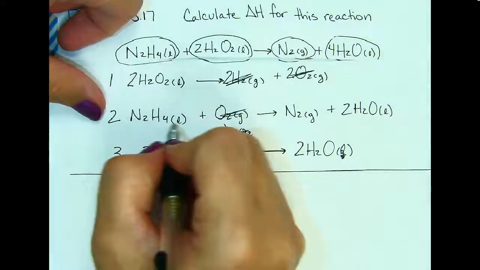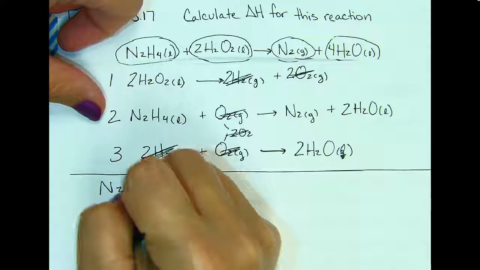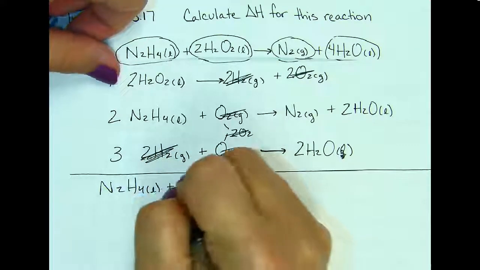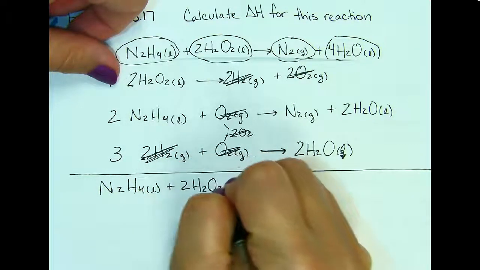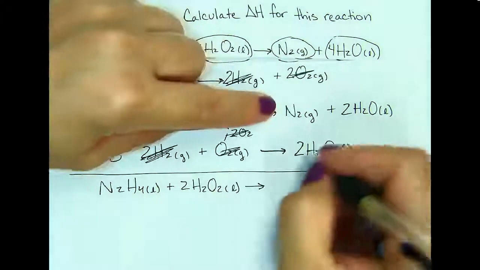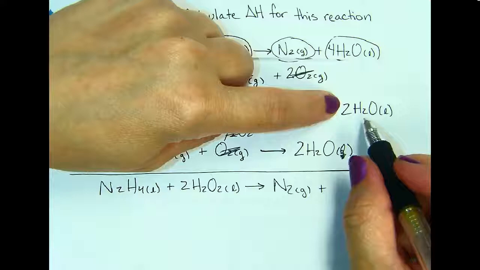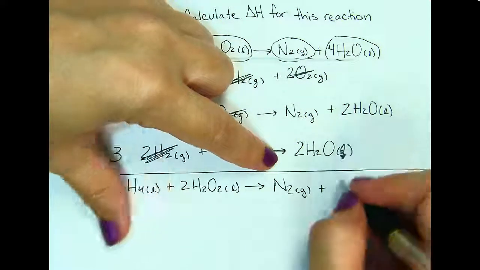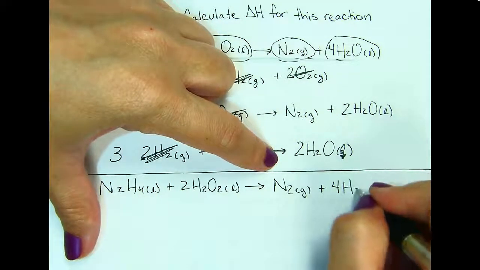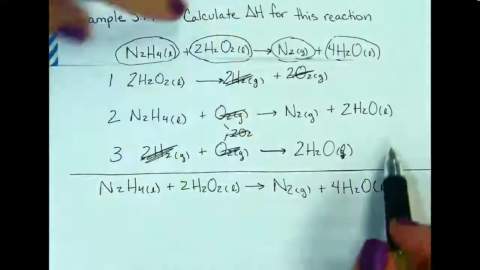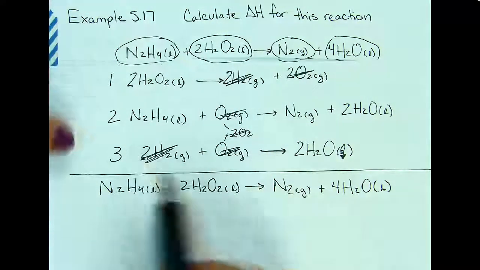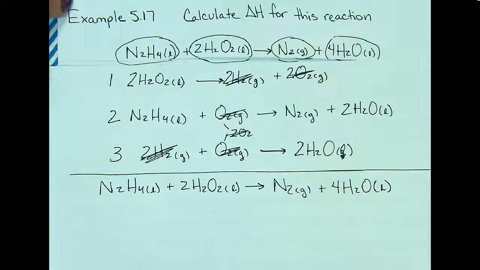So we have left over N2H4 liquid plus 2H2O2 liquid yields nitrogen gas plus, and then these 2 waters combine with these 2 waters because they're both on the product side to make 4 waters, which is identical to my equation up here, and so I had everything set up properly.